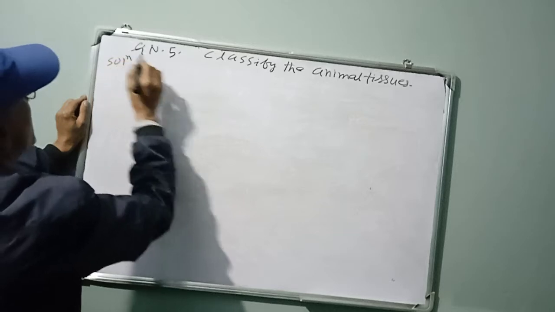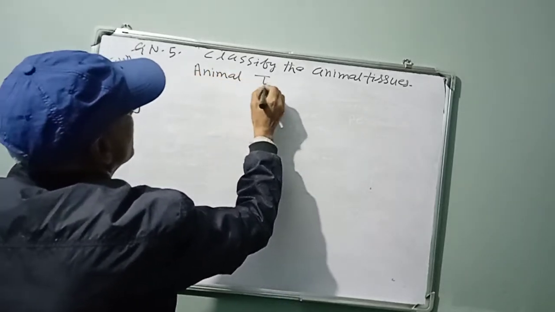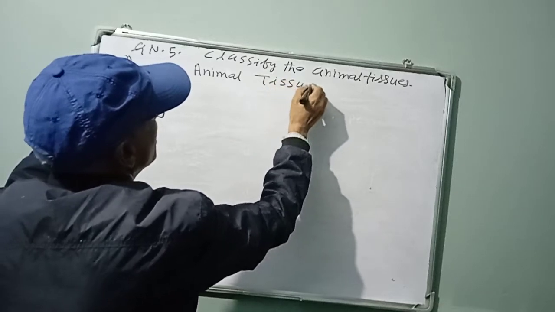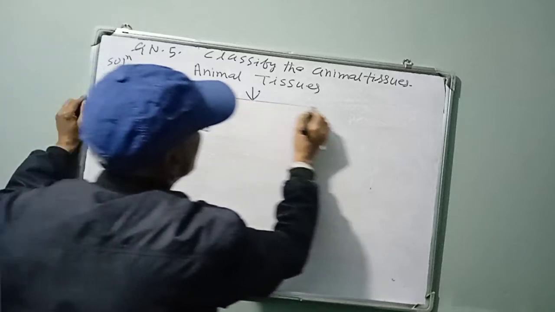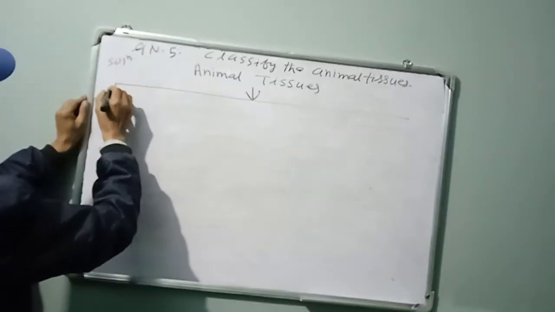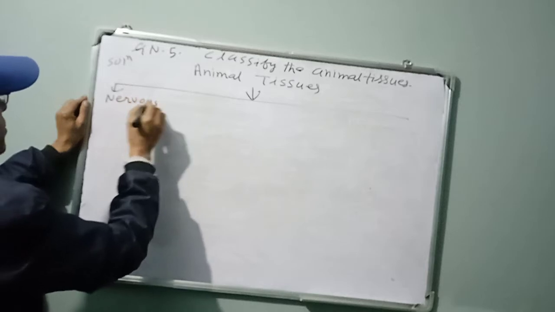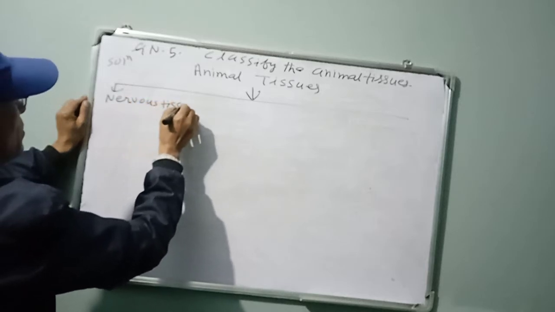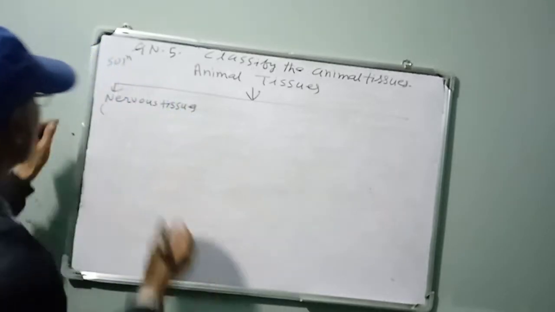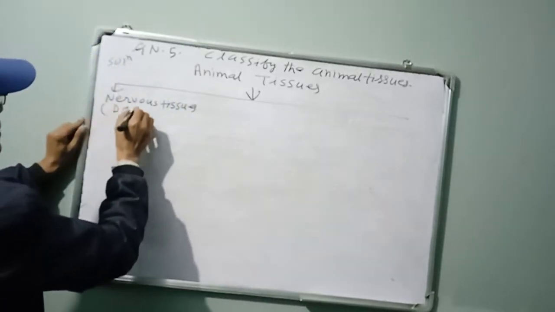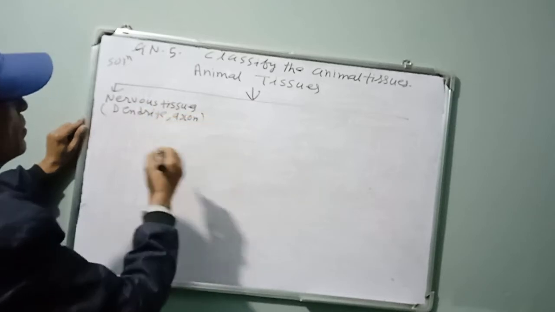Solution. You write here: animal tissues are of 4 types. Number 1, nervous tissue, which is related to the nervous system, mainly dendrite and axon.